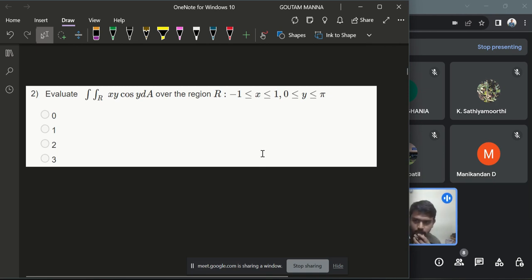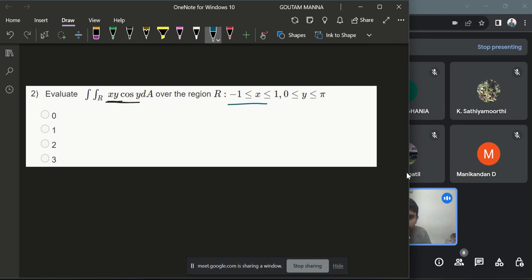In the next problem, we are again asked to integrate xy cos y dx dy. This is the term we have to integrate, and the region is given as x going from minus 1 to 1 and y going from 0 to pi.